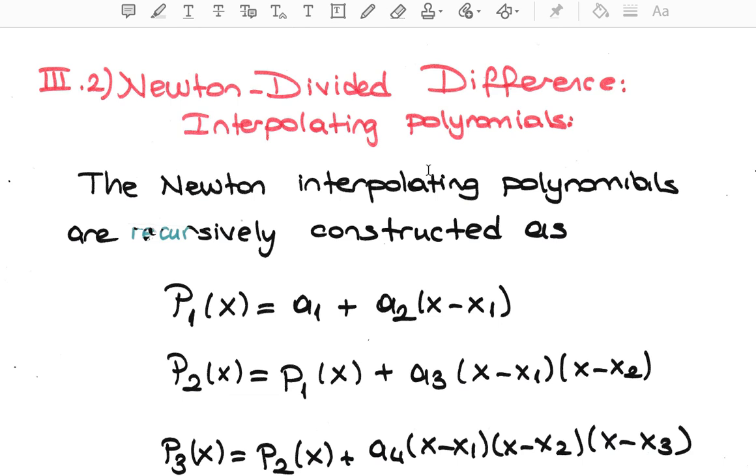So for this reason, we will continue with polynomial approximation again. I mean we have a data set and we are searching for a polynomial, a function which fits my data set. So we will discuss how we can create the polynomial.